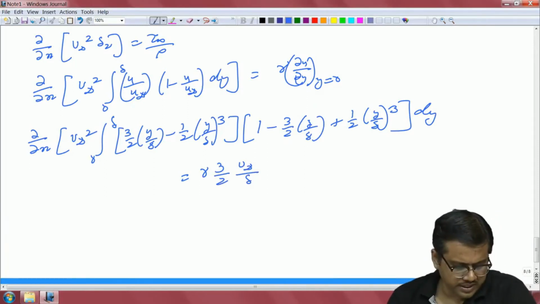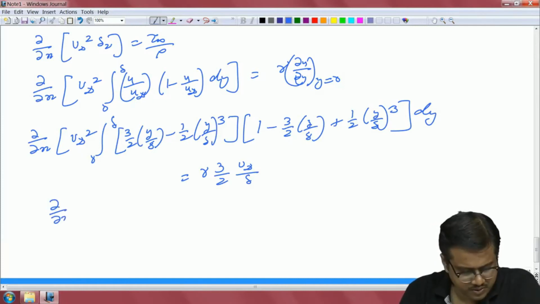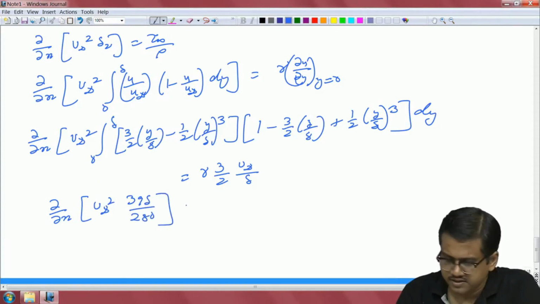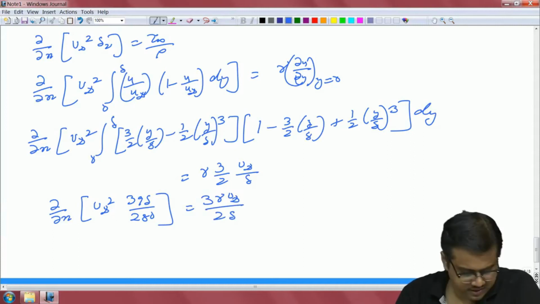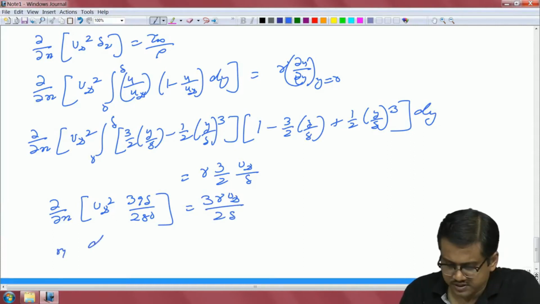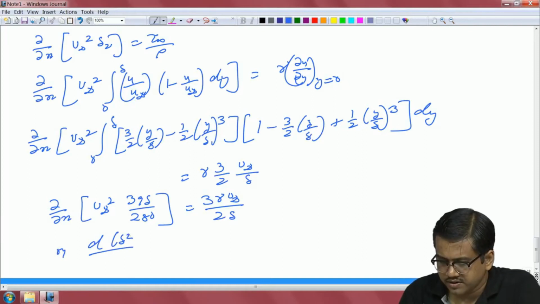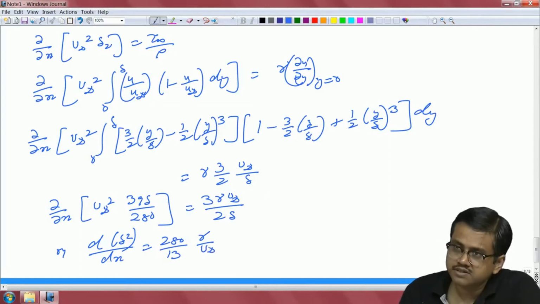So, now it becomes du by dx, u infinity square 39 delta by 280 is equal to 3 gamma u infinity by 2 delta, or d delta square by dx equal to 280 by 13 gamma by u infinity.